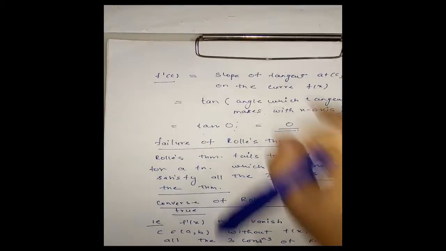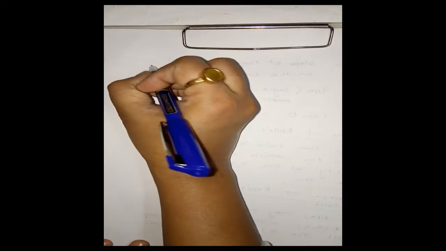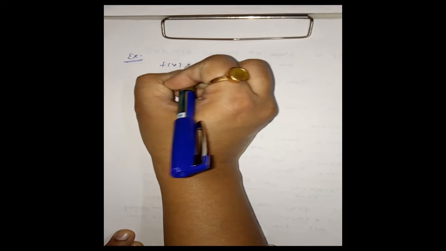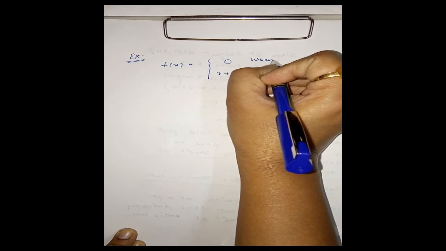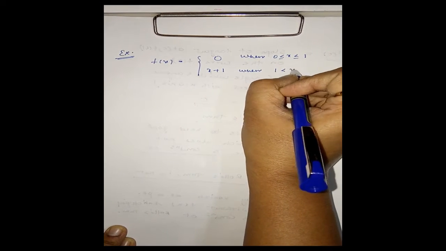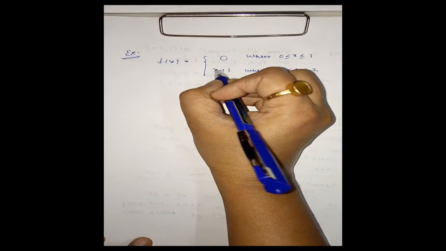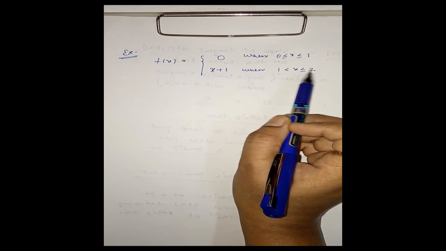Let f(x) be the example for this converse part. f(x) is equal to 0 when x lies between 0 and 1, and x plus 1 when x lies between 1 and 2.